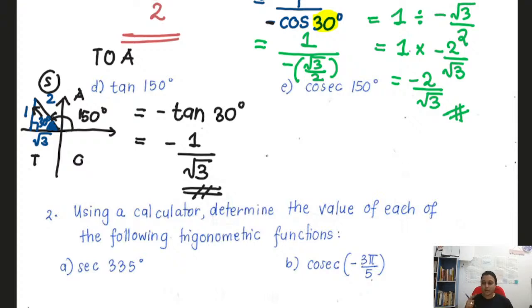The clue: change the form first. 1 over sin. Change its form first. 2 minutes. Try first.